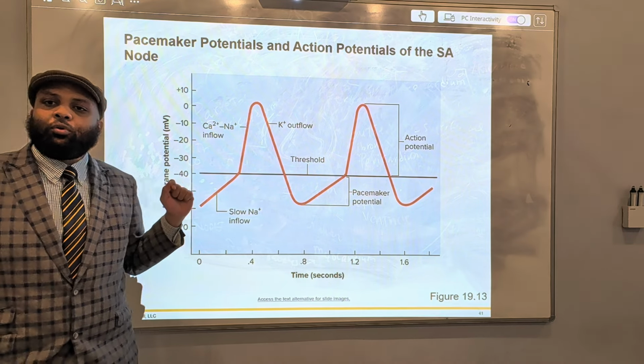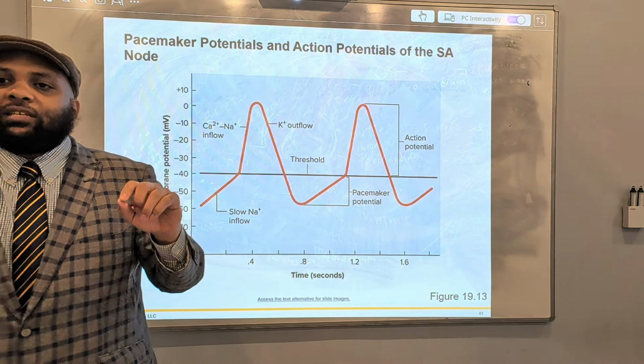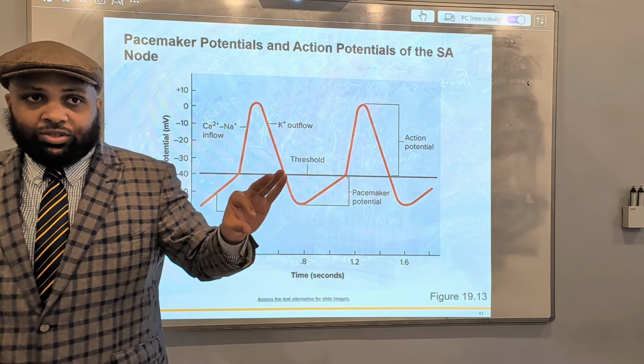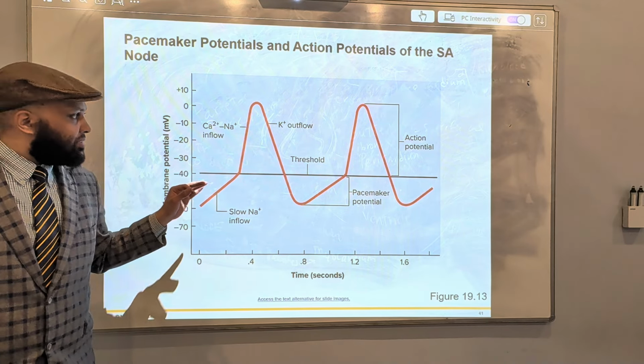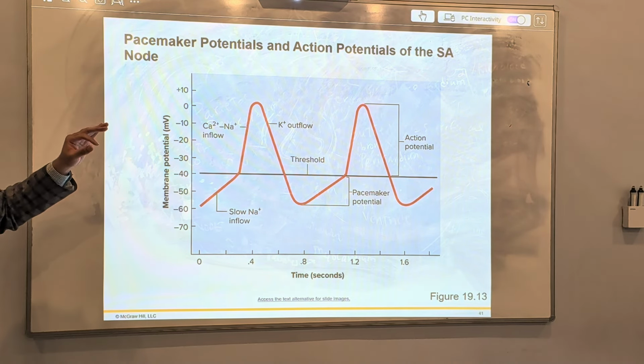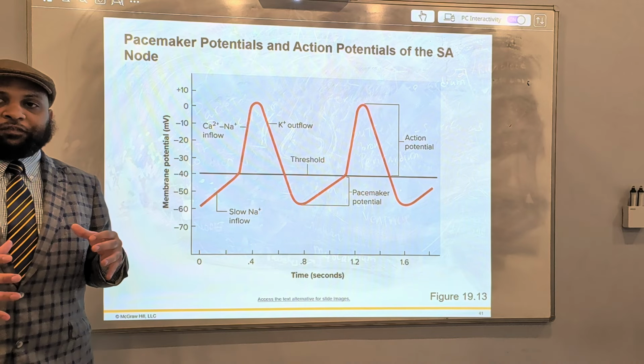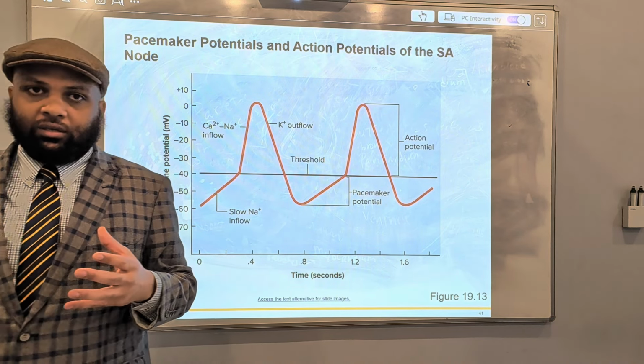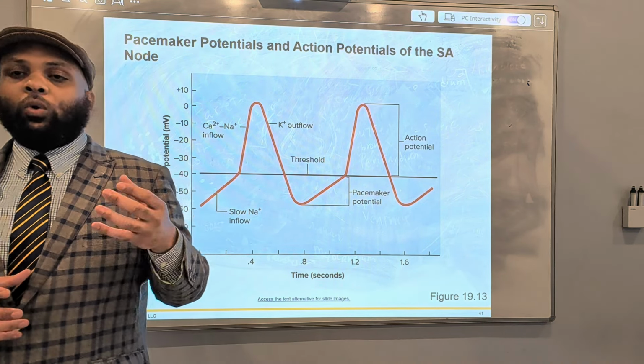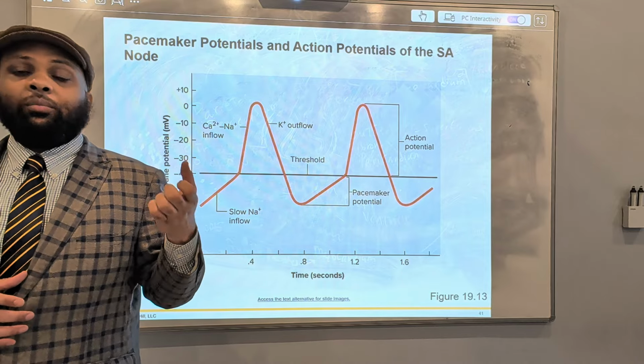Why is calcium important now? Because calcium prolongs this phase of the filling of blood inside the ventricle. You don't want the ventricles to contract prematurely.